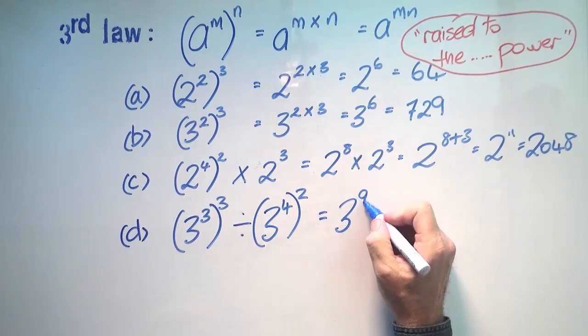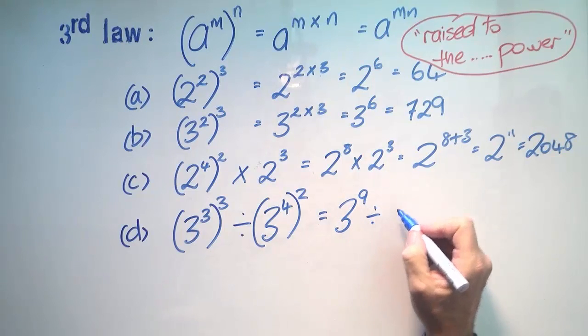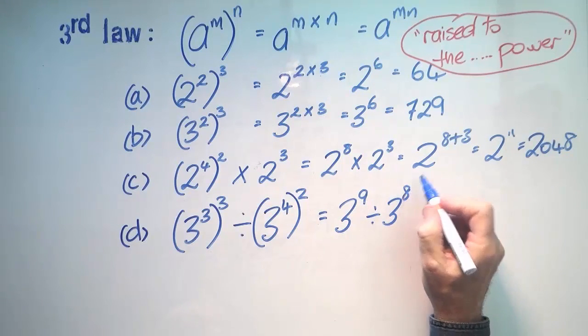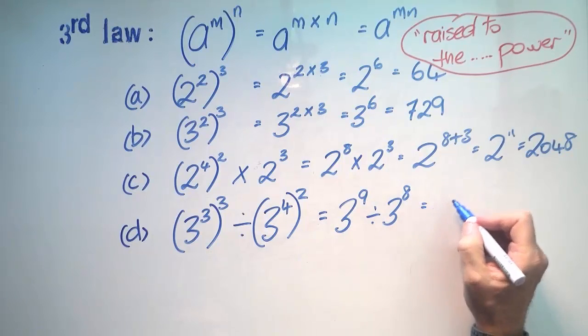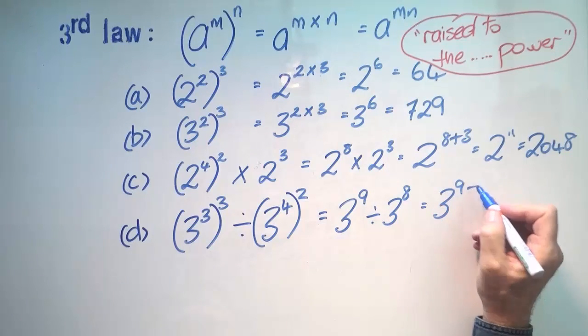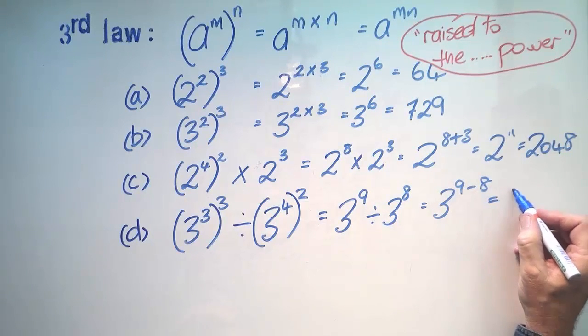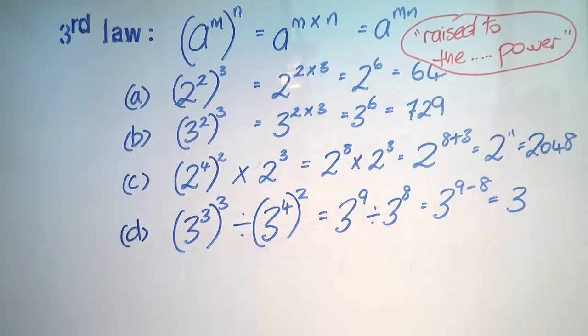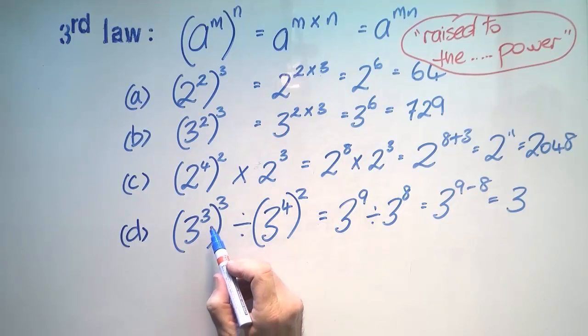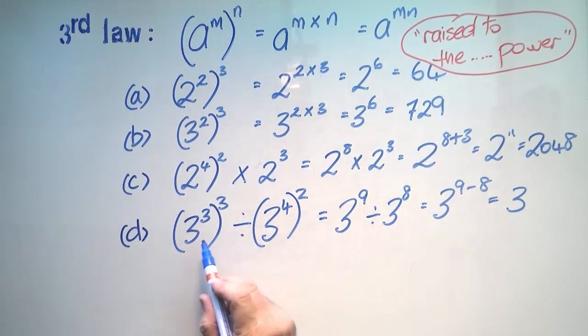So we have 3 to the 9th power divided by 3 to the 8th power equals 3 to the 9 minus 8 equals 3. You can see how, in this example, the rules of indices make things a lot easier than if you were forced to follow the order of operations.